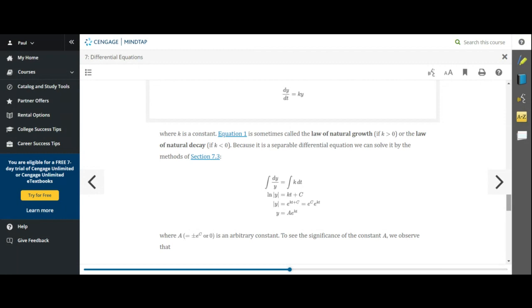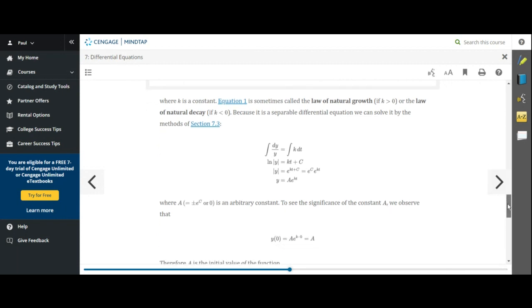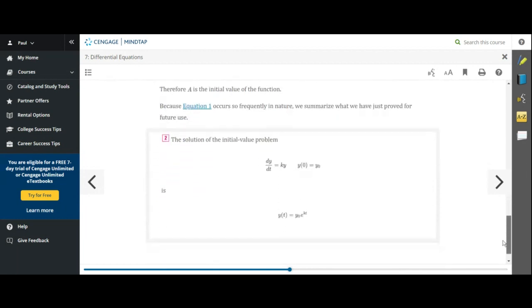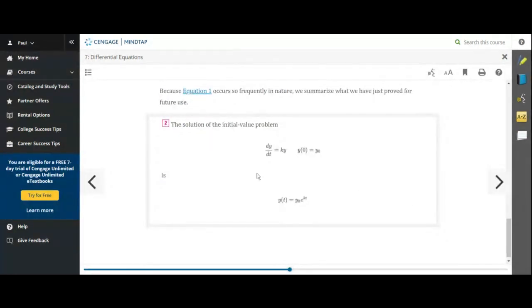All right. I want to go ahead and look at a problem I'm going to give you. The book talks about different applications of this exponential growth model.